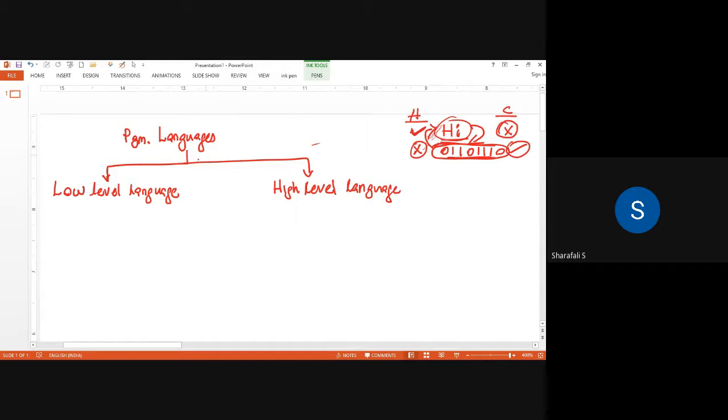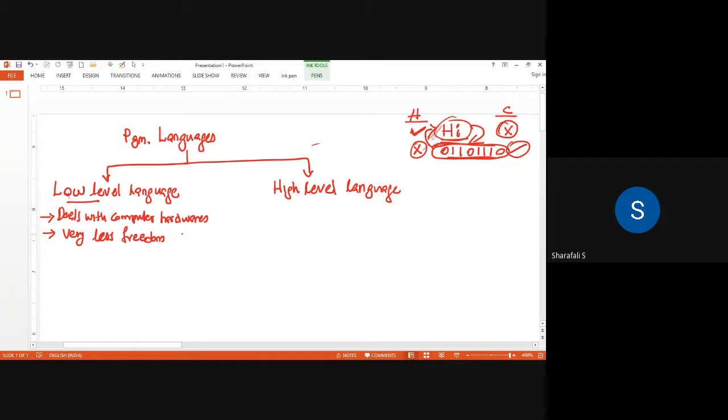So if you consider low level languages, these are languages that deal with computer hardware. These low level languages deal with computer hardware, and because of the constraints it has, we have very less freedom here.